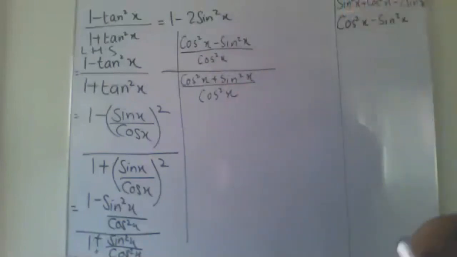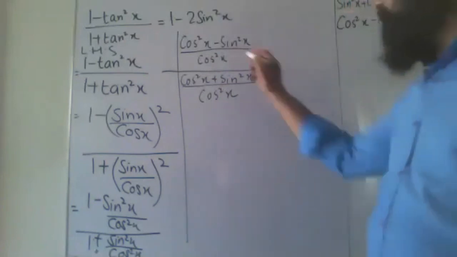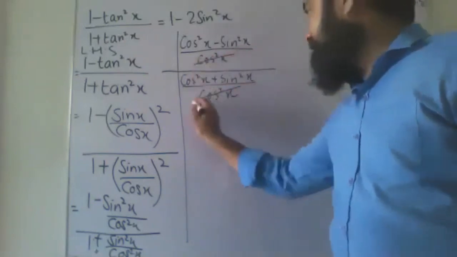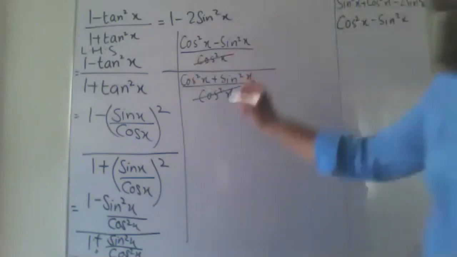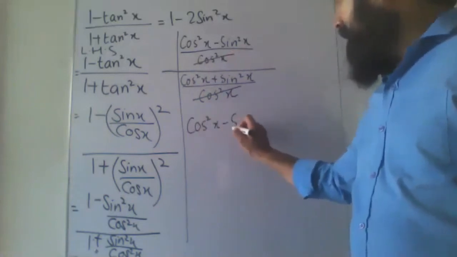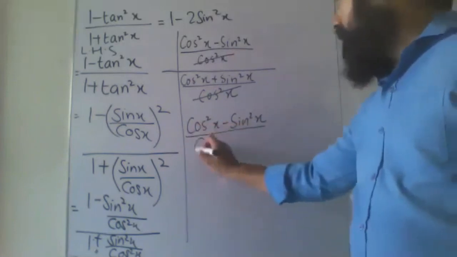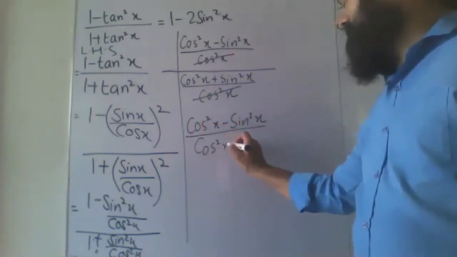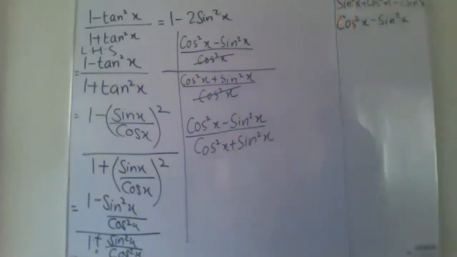Okay, so now first of all, this and this will be cancelled. So what will remain? Cos square x minus sine square x over cos square x plus sine square x.